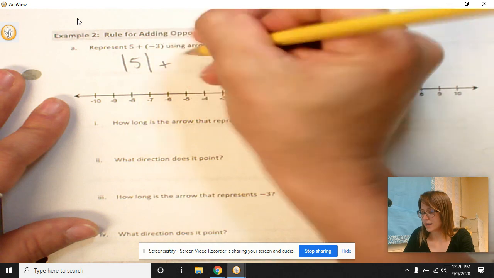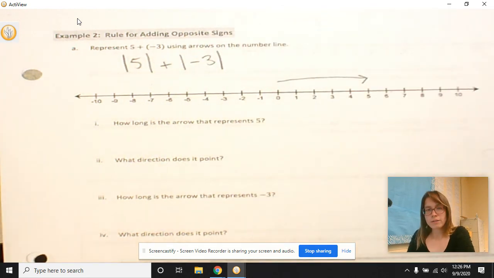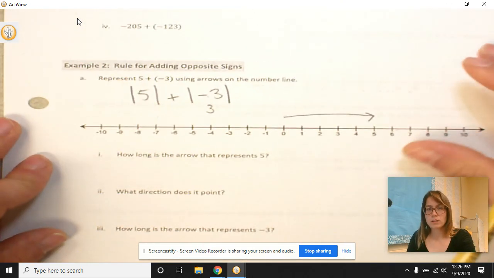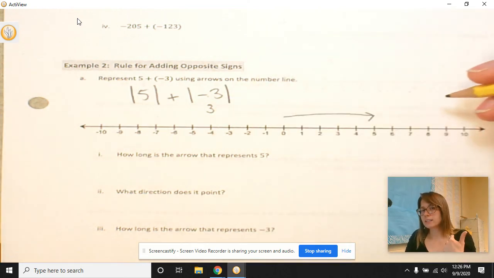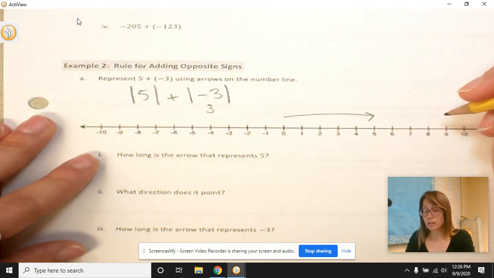And I'm going to add that to the absolute value of -3. So I need to be drawing a vector that is 3 units long, but since it is a -3 that I'm trying to represent, I need to draw it to the left.